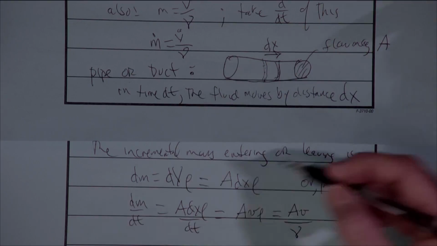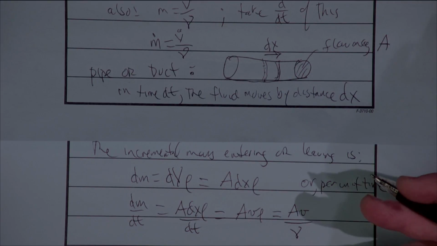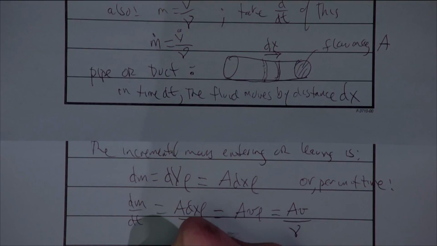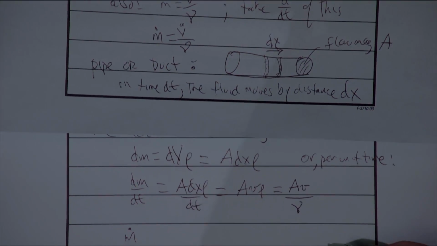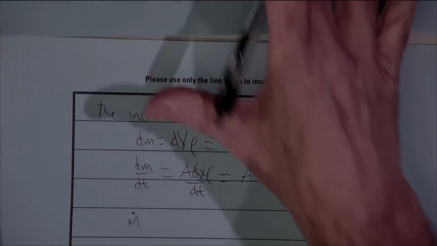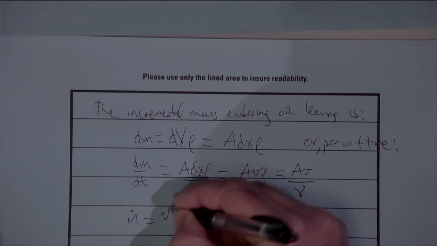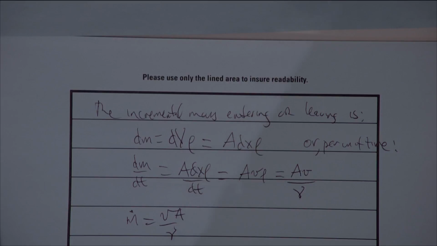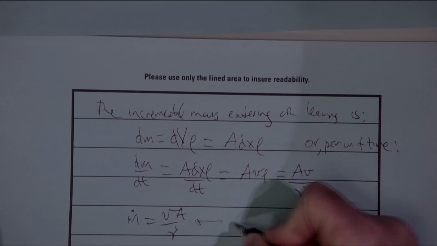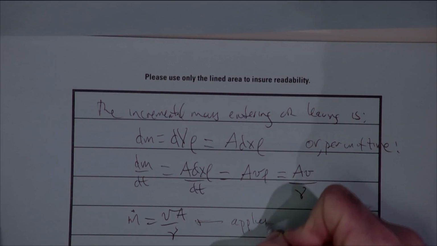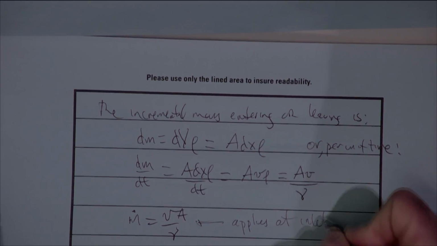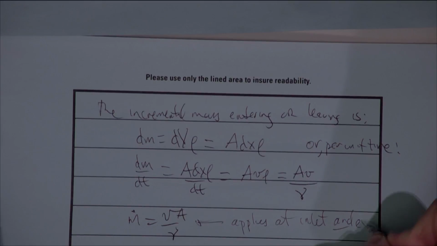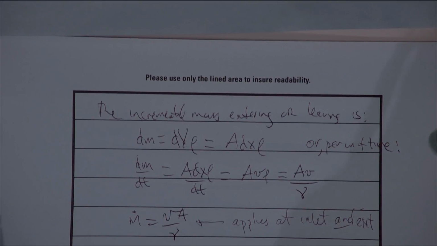So nonetheless, dm dt is equal to area times velocity over specific volume. Or to use the dot notation, we'll just say that m dot is going to equal velocity times area over specific volume. Now, I will note that this equation applies at the inlet and at the exit of my pipe or my piece of equipment.